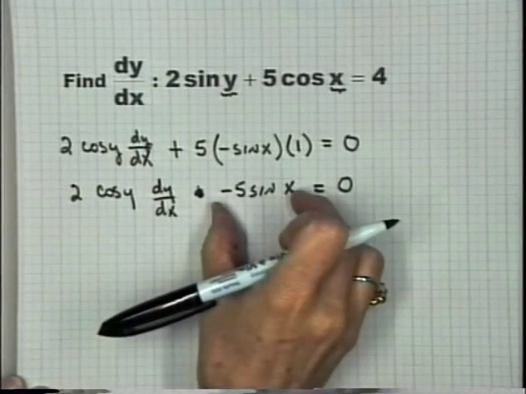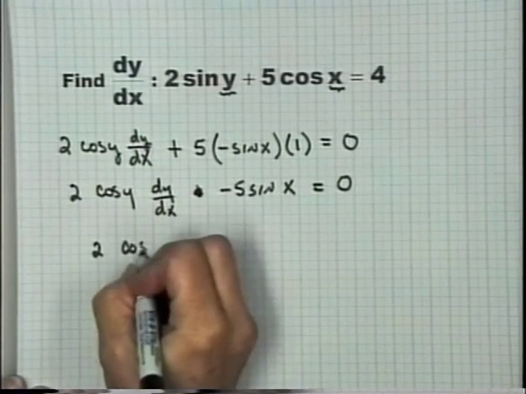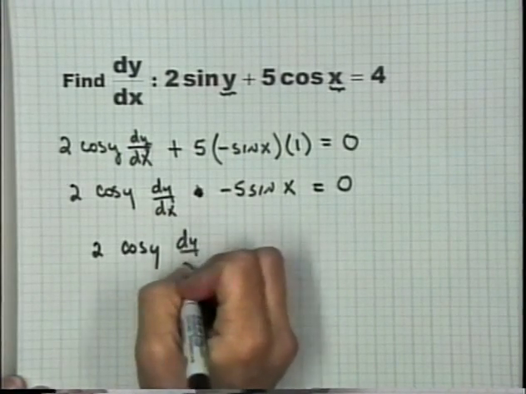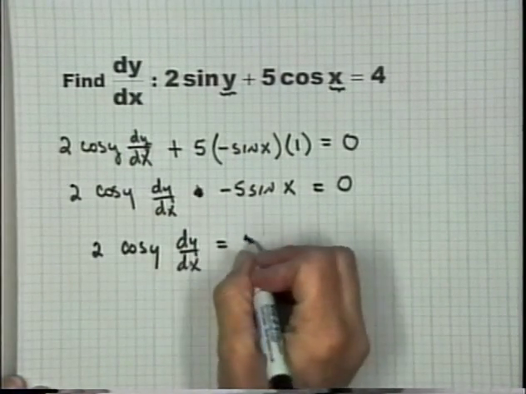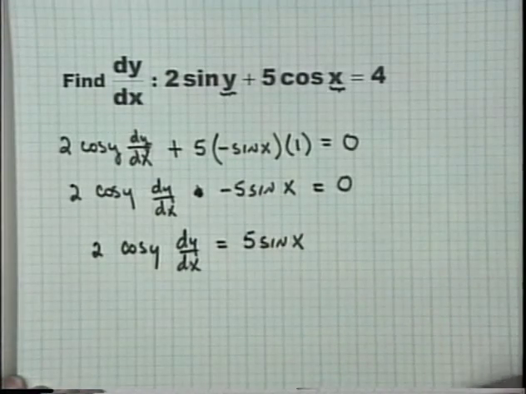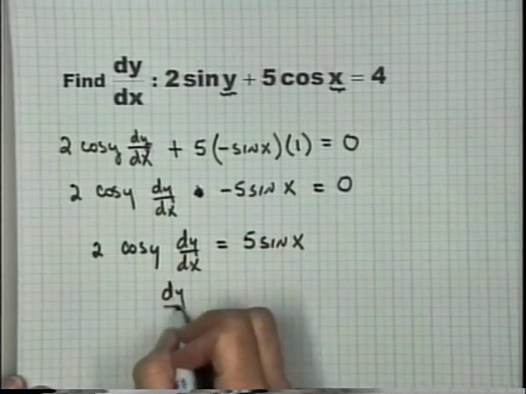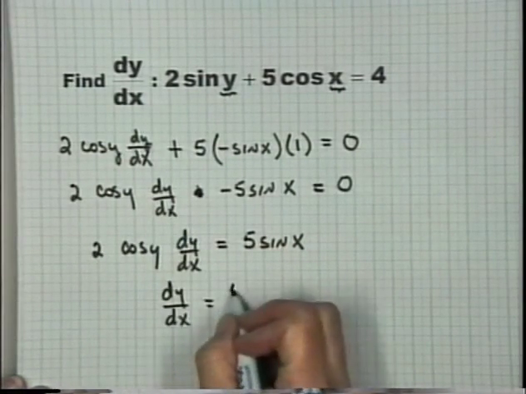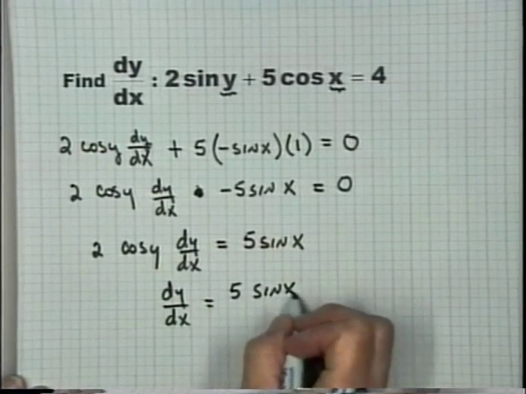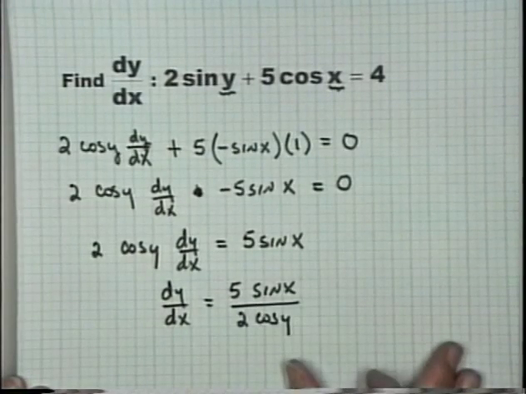Now, this term does not have dy/dx in it, so we're going to move it to the other side. 2 cosine y dy/dx would equal positive 5 sine x. And then, since 2 cosine y is times dy/dx, we'll divide by that. dy/dx will equal 5 sine x divided by 2 times the cosine of y.